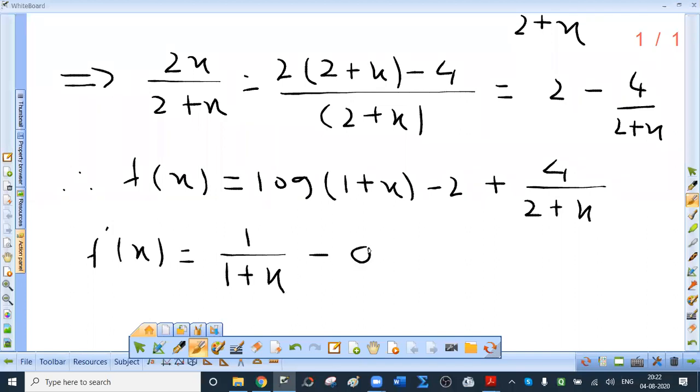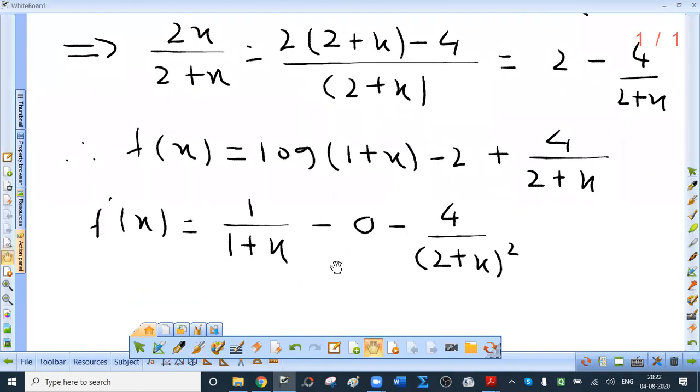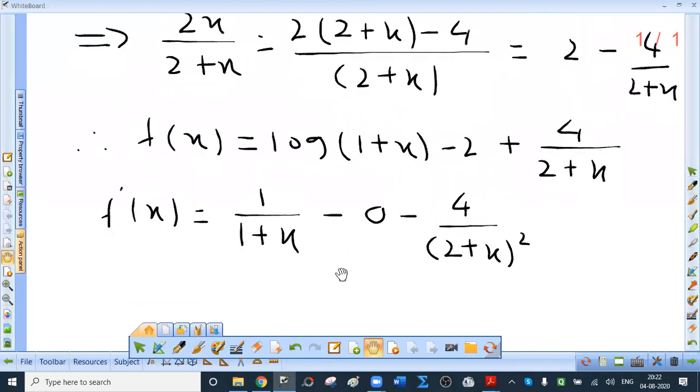Minus 0. What is the derivative of 1 upon 2 plus x? It is minus 1 upon 2 plus x bracket square into the derivative of 2 plus x, which is nothing but 1. So you need not write 1. Okay. Now find the LCM and simplify.